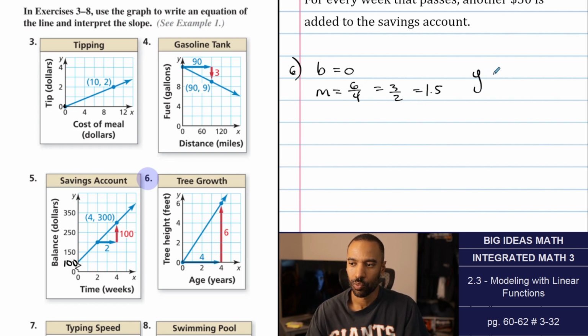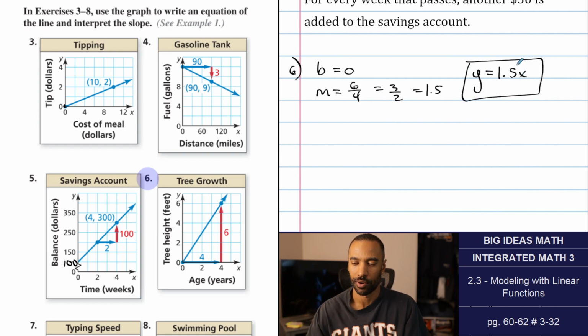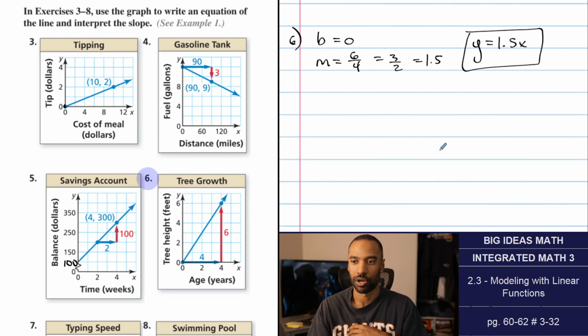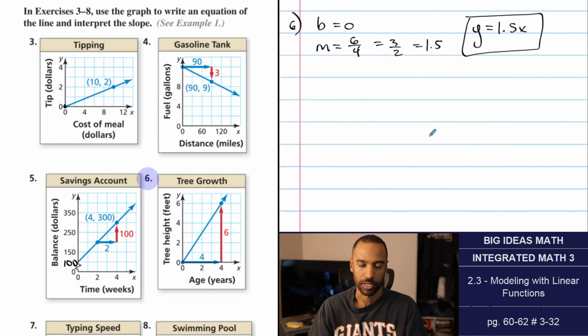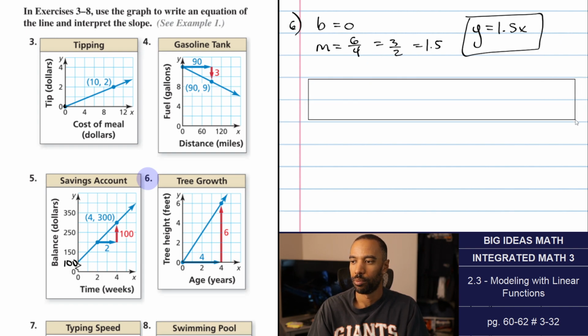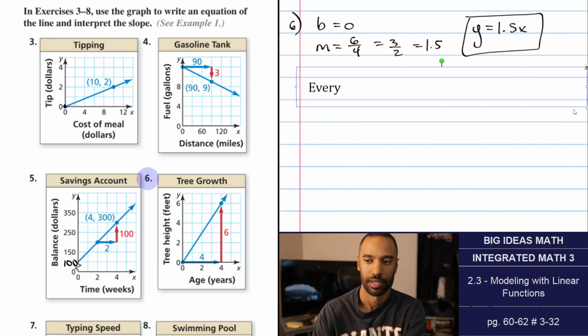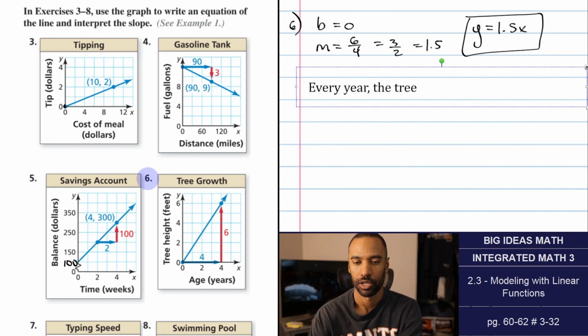Let's use the 1.5 this time. Y equals 1.5x would be the equation, considering that 0 is the y-intercept, because at 0 years old, the tree has 0 height, apparently. Makes sense. It's not yet grown. So interpreting the slope here would be every year, the tree grows another 1.5 feet.